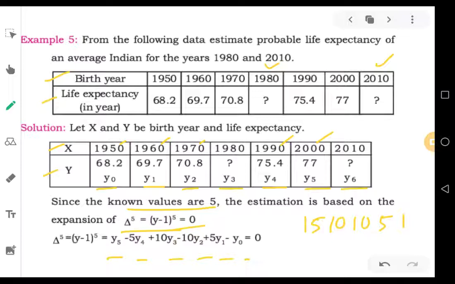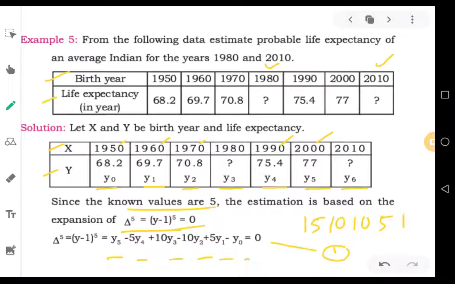After that, put the symbols starting from plus. First is a positive symbol, next one is minus. So proceed like that with plus, minus, plus, minus, plus, minus. So you will get the final equation. This is your first equation.